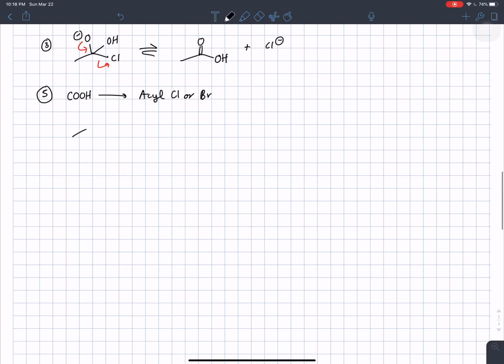If you want to take a carboxylic acid and turn it into an acyl chloride, you just need to put it through SOCl2 with pyridine. We had this with alcohols, if you remember. Alcohols do the same thing. You just need SOCl2 and pyridine, and it turns alcohol into Cl. Same thing here, carboxylic acid. So you can have that, or you can have PBr3 with pyridine, and that turns it into Br.